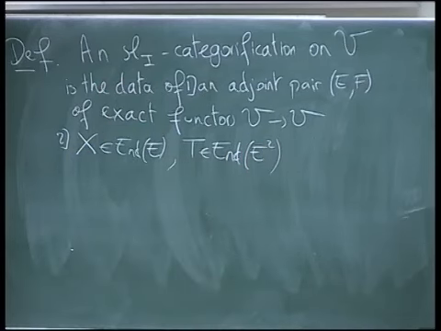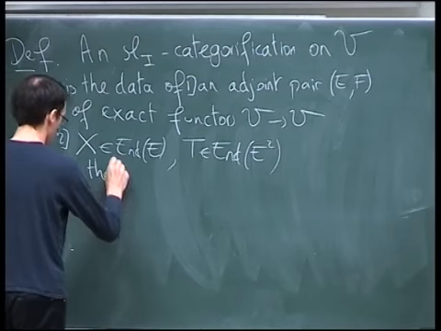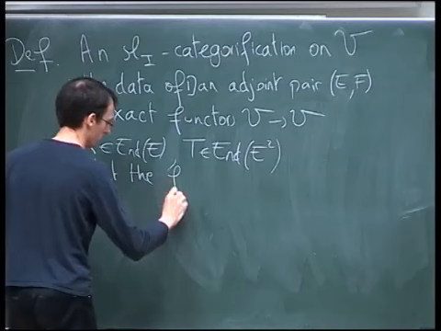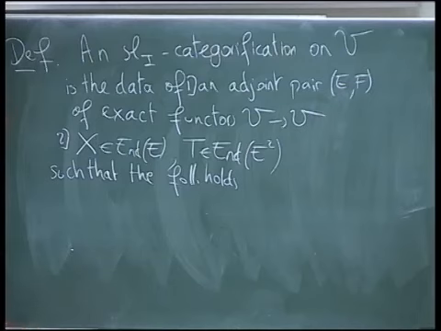So you compose the functor E with itself, such that the following holds. Okay, so that's the only data that is required.